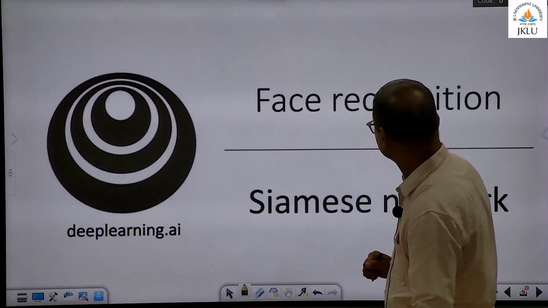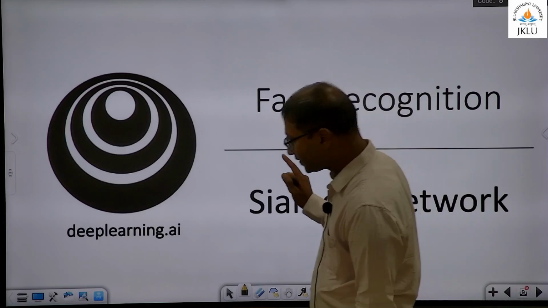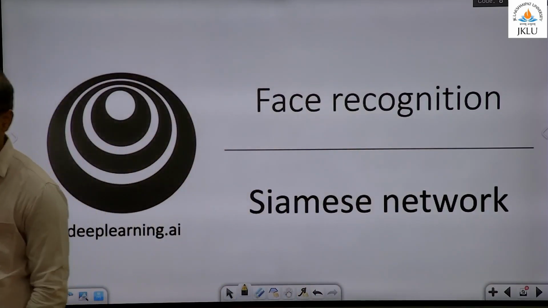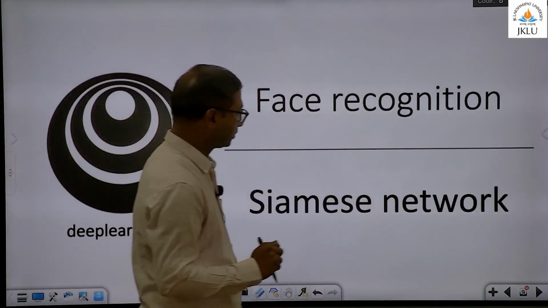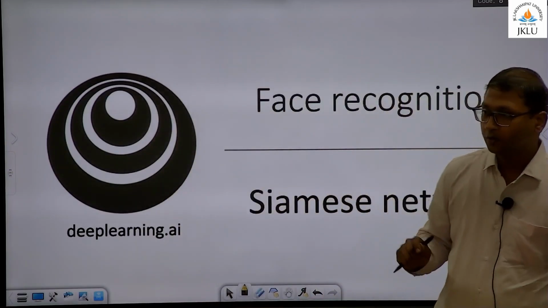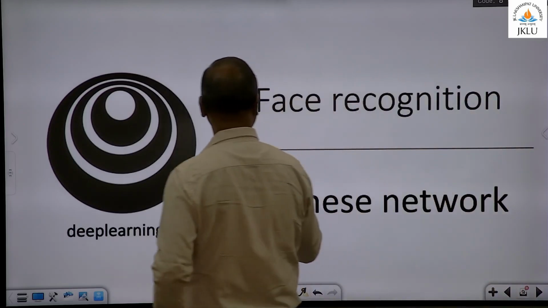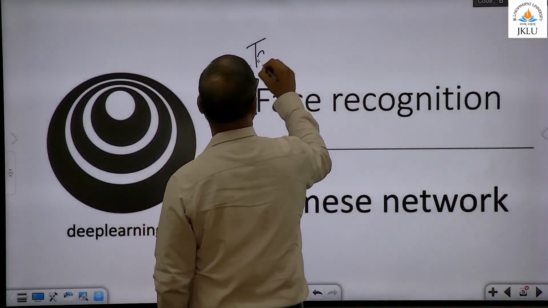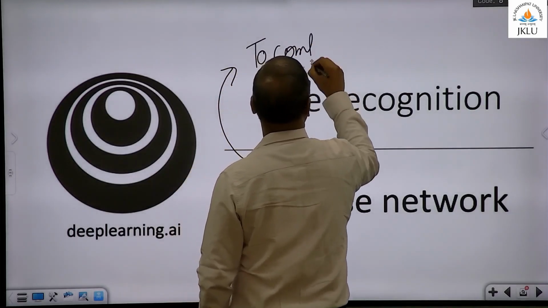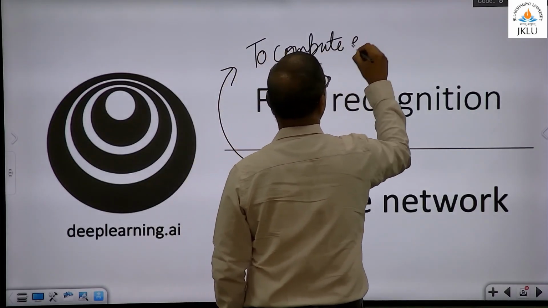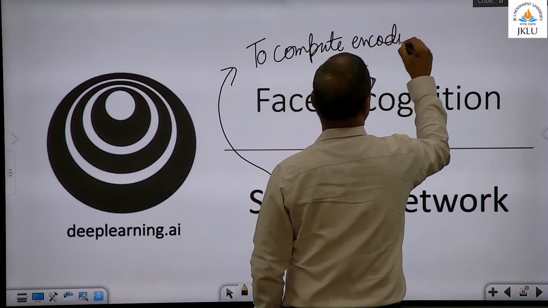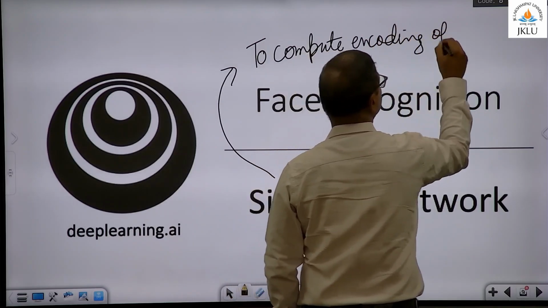Okay. So what is a Siamese network? Basically the goal of this was to compute the encoding of a face.